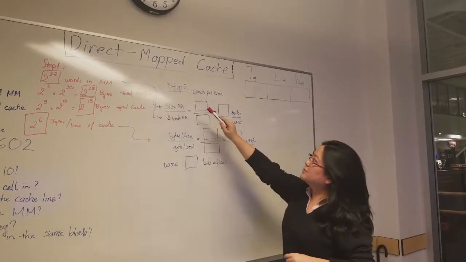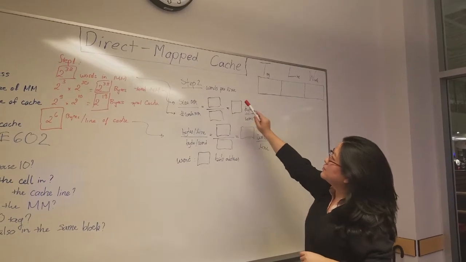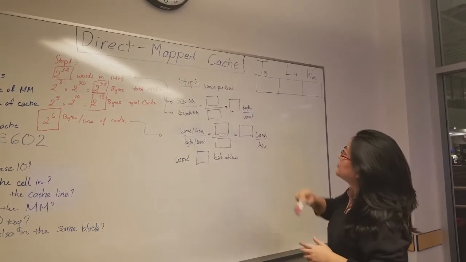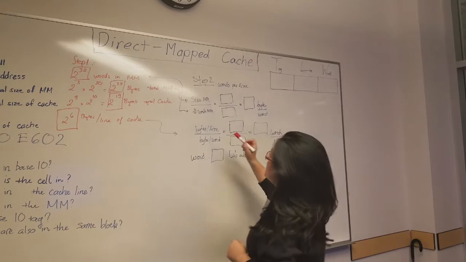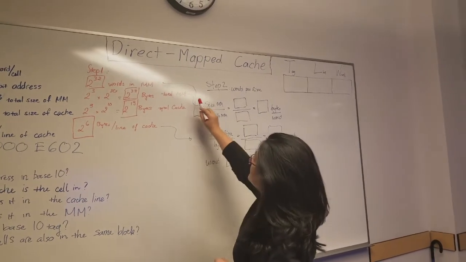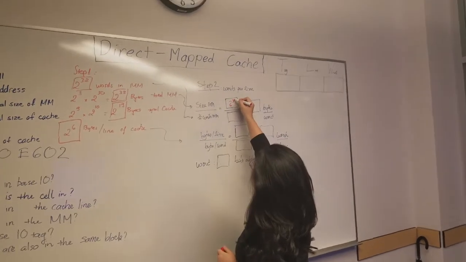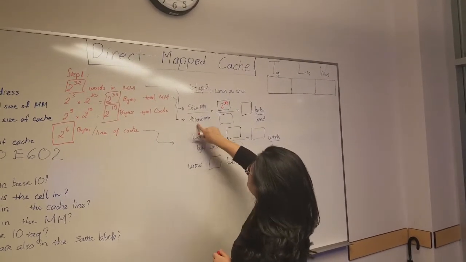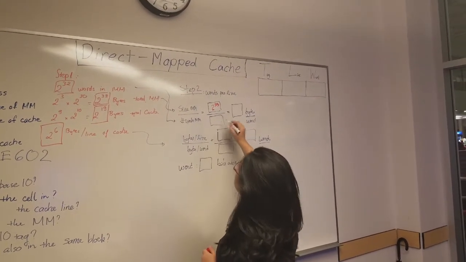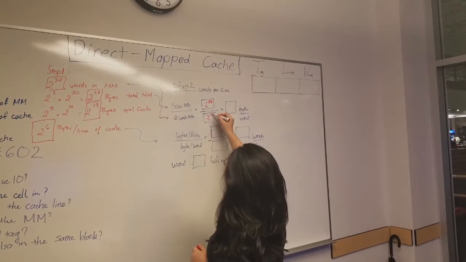So for step 2, we want to know the size of the word per line. To know that, we use the given information of the total size of the memory, that is 2 to the 33, divided by the number of words in the main memory, that is 2 to the 32.